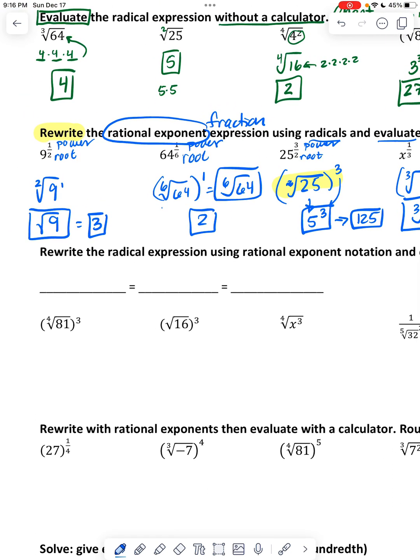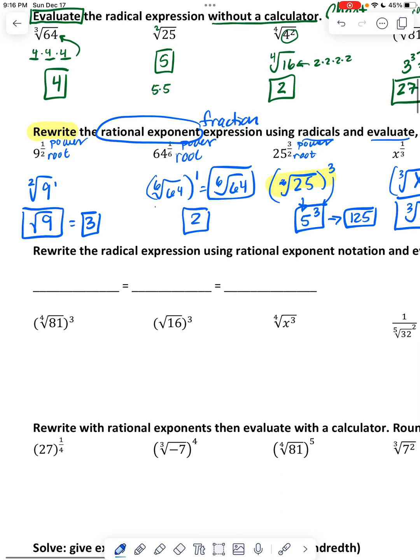All right, so we have already talked about this. Rewrite, meaning if I have a fraction, we're just kind of going the opposite way.